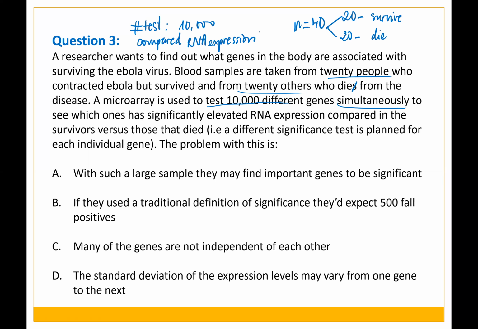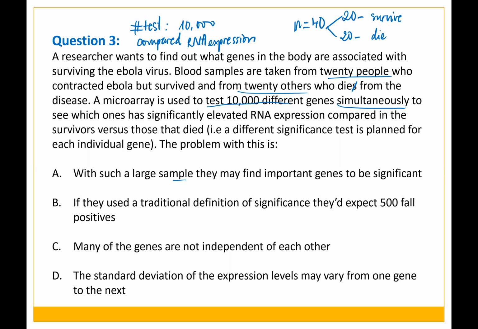Now, the problem with this is that you have 10,000 tests and a small sample. So let's see what we have. With a large sample, they may find important genes to be significant. Now, with the large sample caution that we talked about in lesson 12, with a large sample you can detect even small departures or small differences that we cannot detect in small samples.